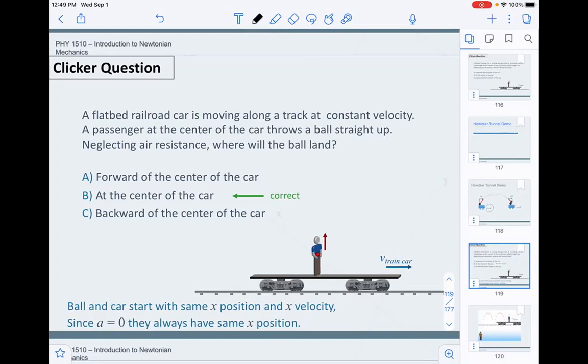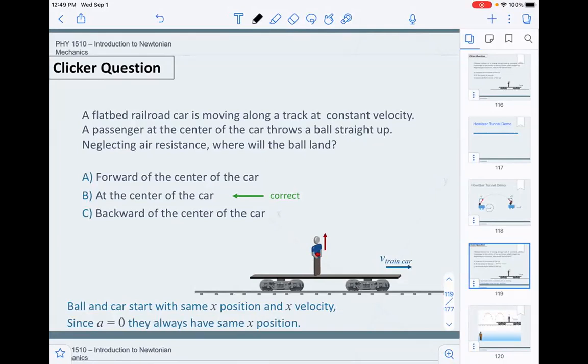So if someone is on the train, they also see the ball up and down, just like if you are on the ground with someone, they will see you throwing something up and down, because you both have the same horizontal velocity. You, someone else on the train, and the ball all have the same horizontal velocity, so you will not be able to perceive that horizontal velocity.